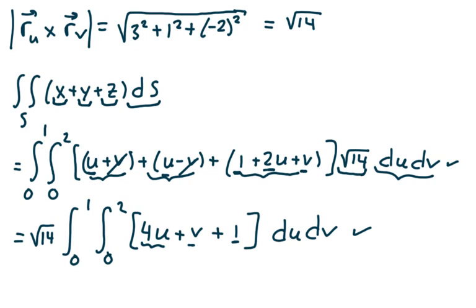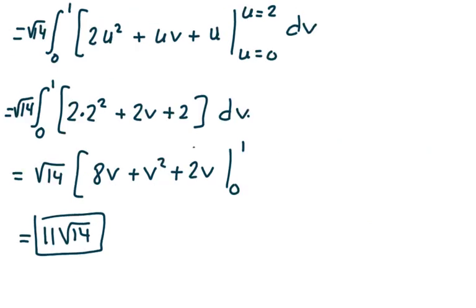And so to solve this double integral, I want to integrate with respect to u first. And that's what I do on the next page. So this is square root of 14 times the integral from 0 to 1 of 2u squared plus uv plus u, evaluated from u equals 0 to u equals 2 dv.